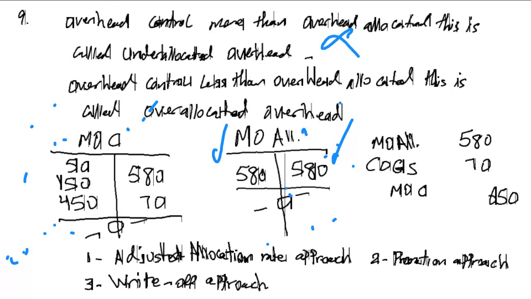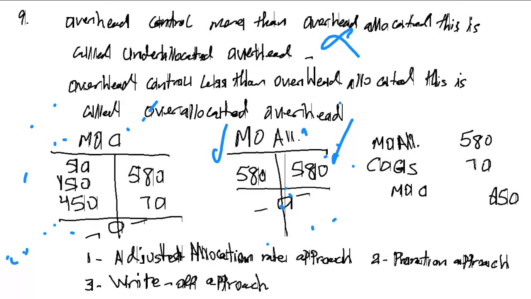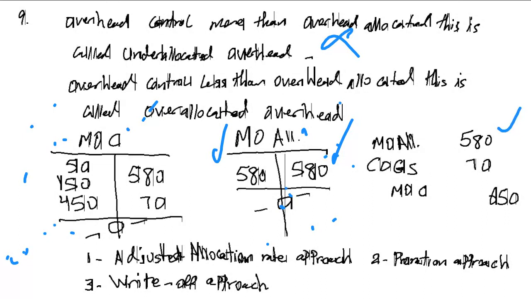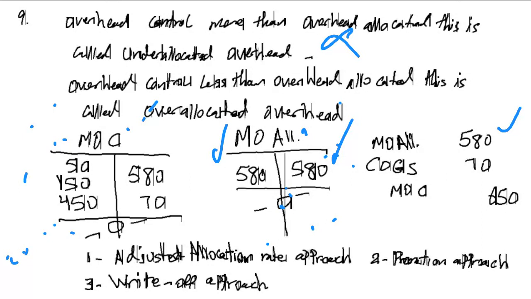So in order to close the manufacturing overhead allocation, I need to debit manufacturing overhead allocation by 580, and this account is closed. So here, look at the journal entry, manufacturing overhead allocation 580, and I credit that to manufacturing overhead control.